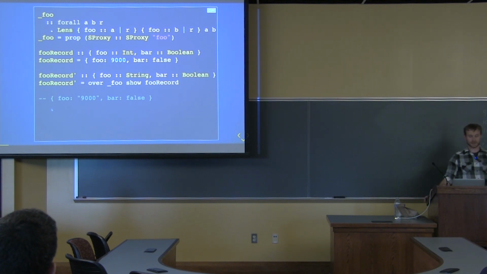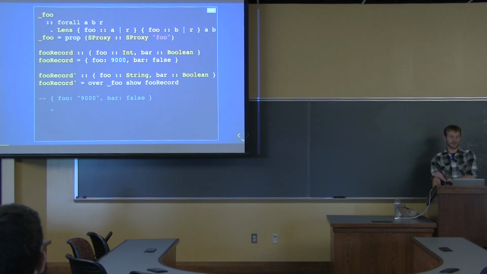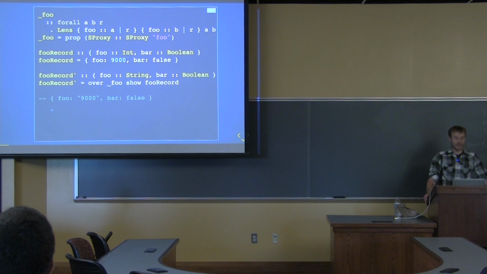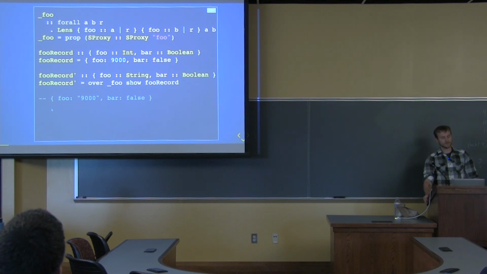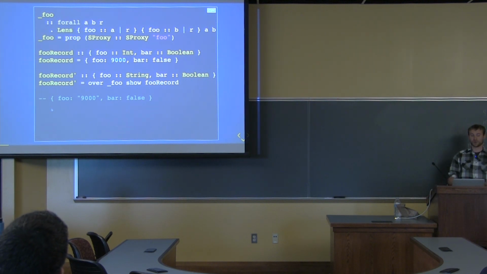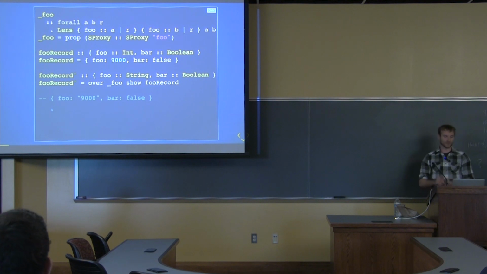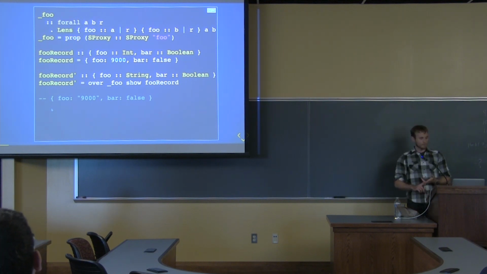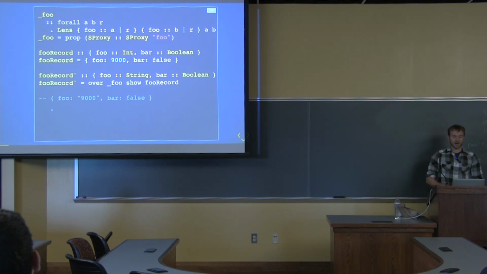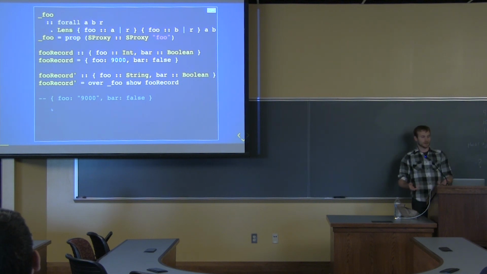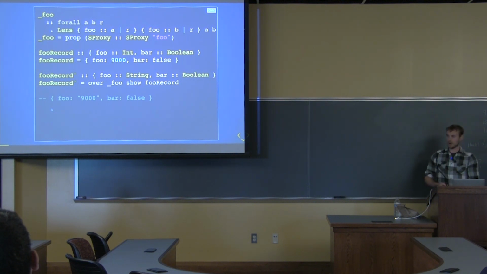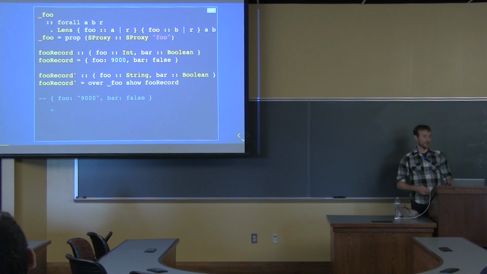And don't worry too much about the type signature for lens. We'll look more into that later. So if we look at how we actually use this lens, I have this foo record, and foo record just has a foo label and a bar label. And I want to update that record by just calling show on the value of foo.